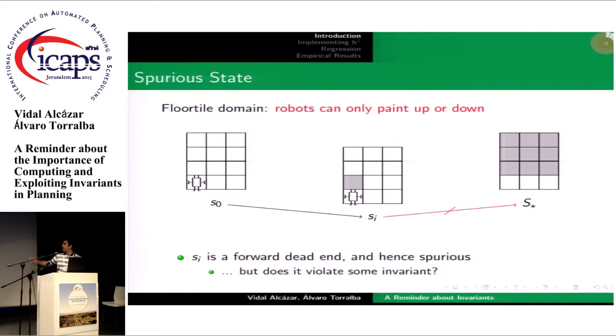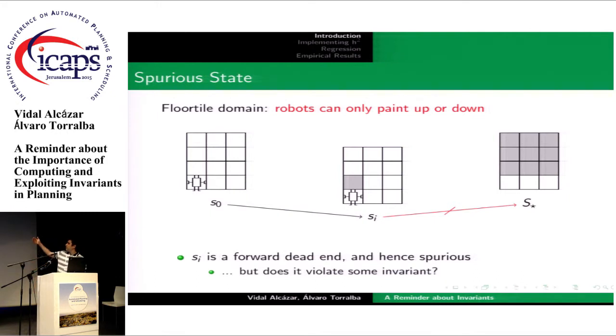So let me illustrate this with an example. This is the Floortile domain in which we have a grid and a robot, and the robot can move through the grid and paint cells. But it has two restrictions. First, the robot can only paint the tiles that are just up or just down, not at the left and at the right. And the second restriction is that the robot cannot move into any painted cell.